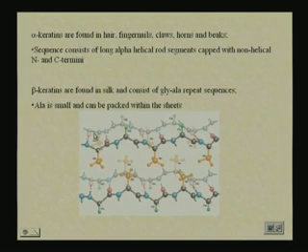Beta keratins, the ones that we see here, are formed of beta sheets. They are found in silk, which is also a fiber, but over here if you look carefully you can see alanine and glycine repeat sequences. So you have alternating glycine and alanine.